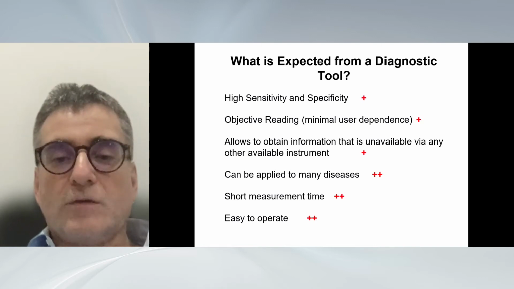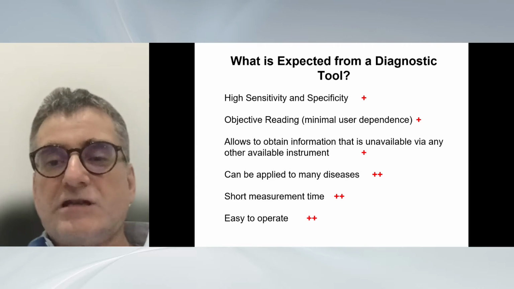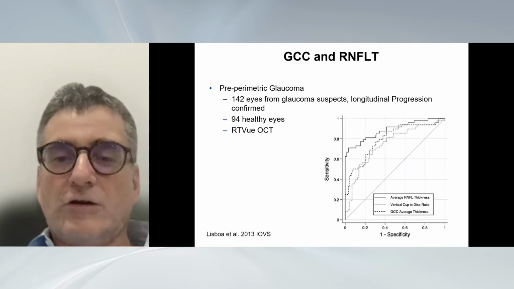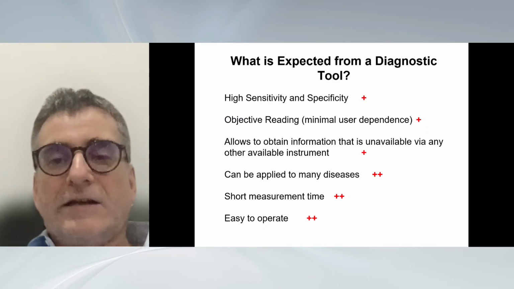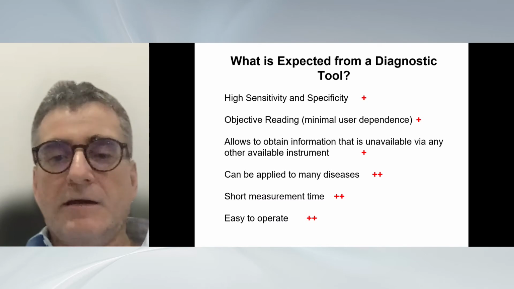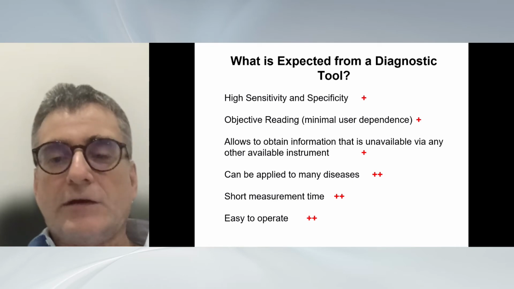It should provide short measurement time, and it should be easy to operate. And as you see, pretty much all of these factors are fulfilled by OCT. And that's the reason why OCT at the end of the day has become so successful in characterizing the structural defects in glaucoma.